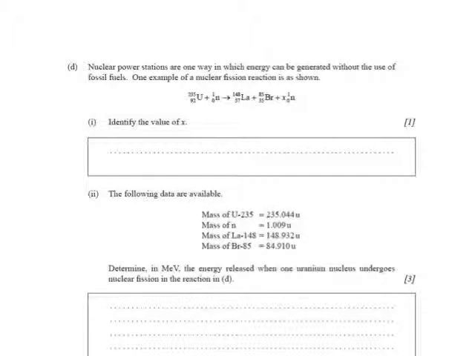Okay, so here's a nuclear power station question, and we have our decay equation here. Identify the value of x. Basically, add up all the left and the right sides to find the value of x. In order for this to add up, 235 plus 1 gives us 236 nucleons on this side.